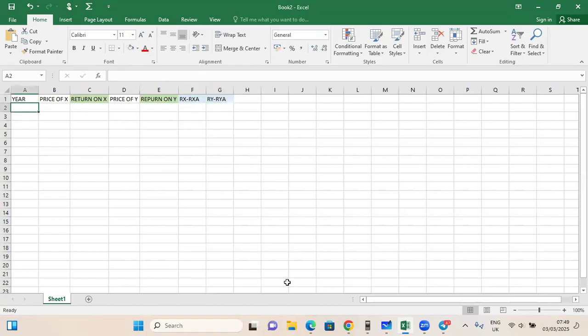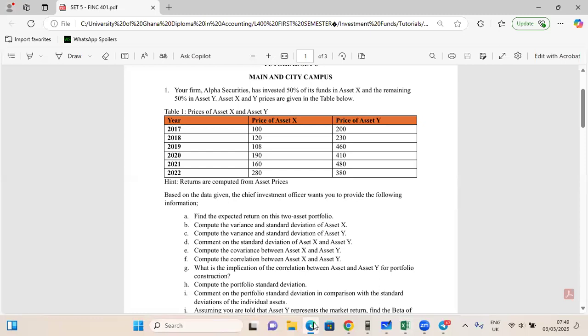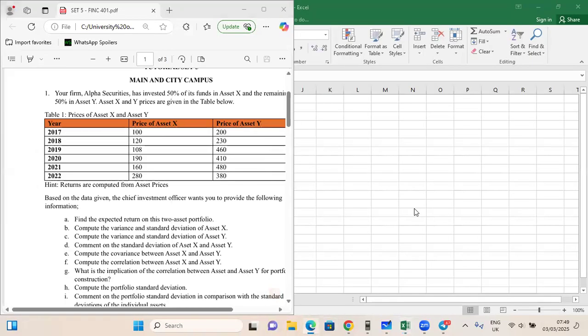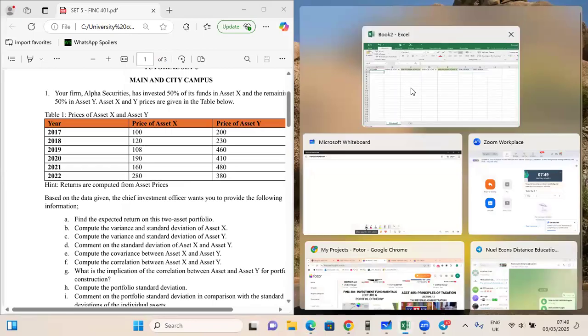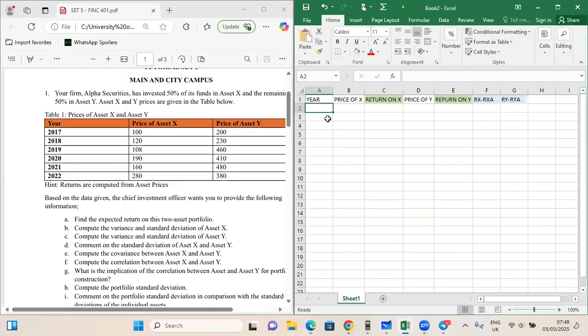All right, so let's just insert the years back. So it is from 2017, 2018, through 2021. We have for asset X, 100.